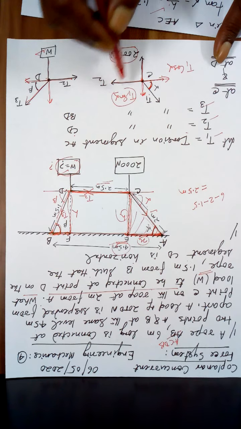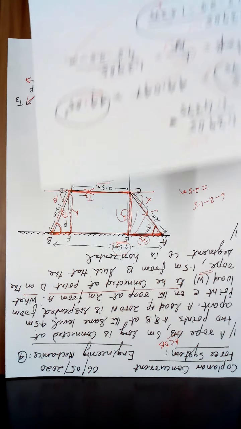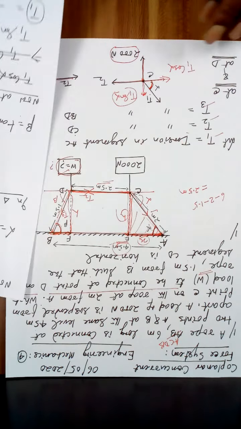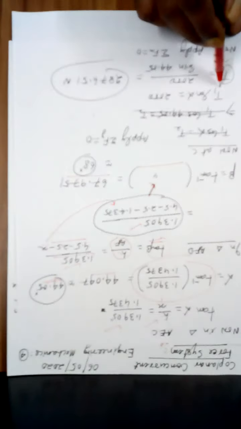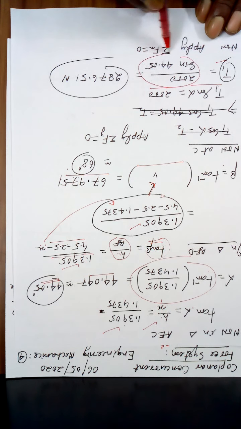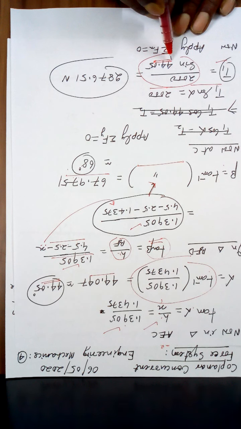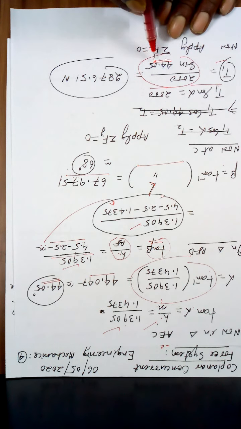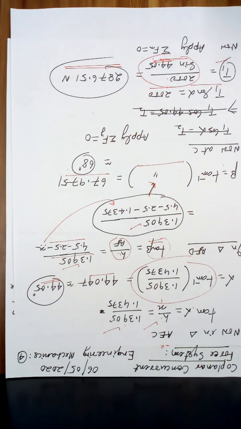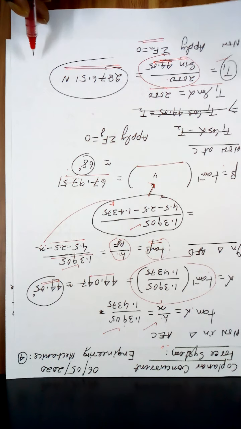We have found out alpha, and so T1 sin alpha is 2000 Newton. So T1 is equal to 2000 over sin alpha. Alpha we have found out, that is 44.05. So put it in a scientific calculator, divided by this. This comes out to be 2876.51 Newton.